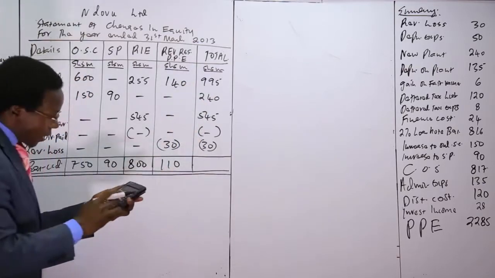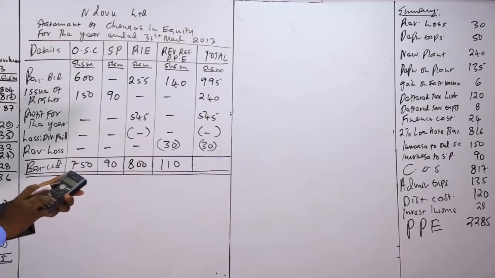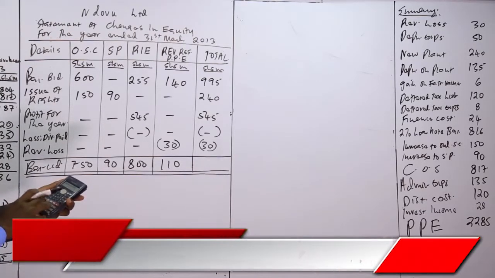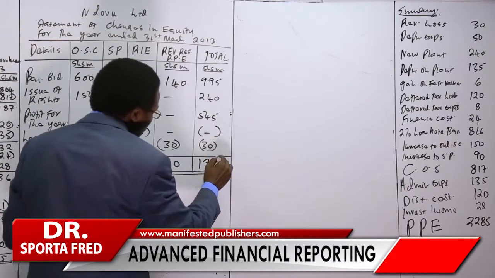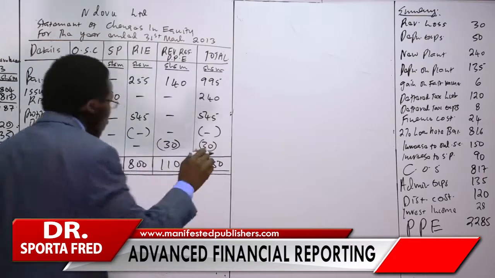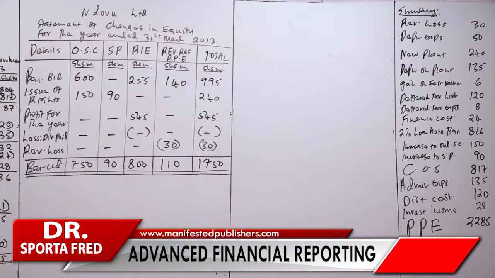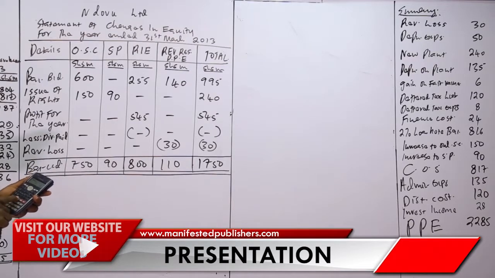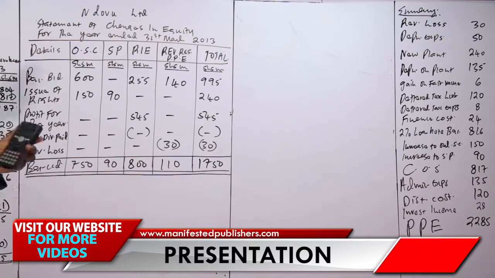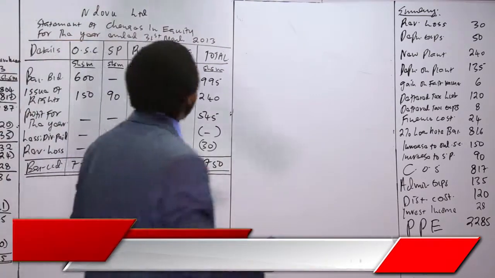The total is not necessary, but let me have it there. 995 plus the 240 plus the 545 minus the 30. This is 1750. And this total across, vertically and horizontally, should be the same. Let me confirm. 750, plus 90, plus 800, plus 110. Yeah, true. It's correct. Now we move on to the statement of financial position.